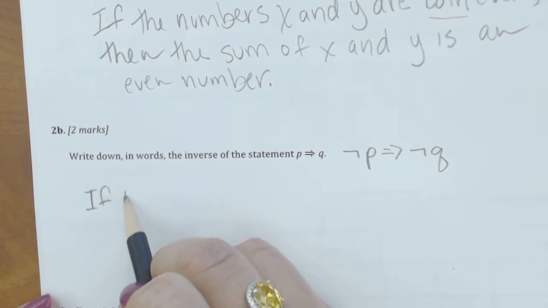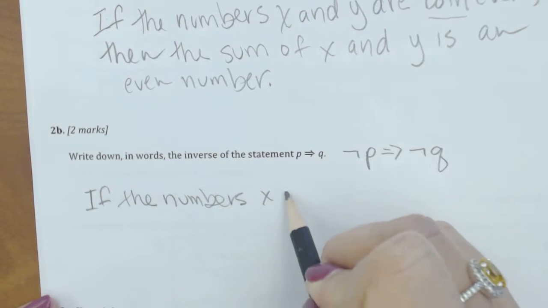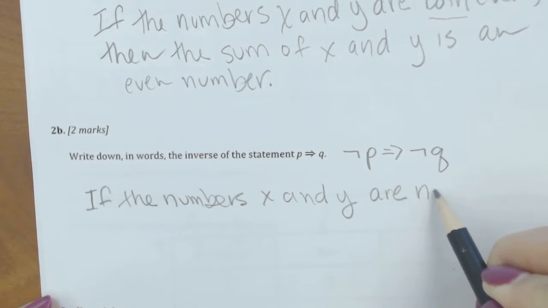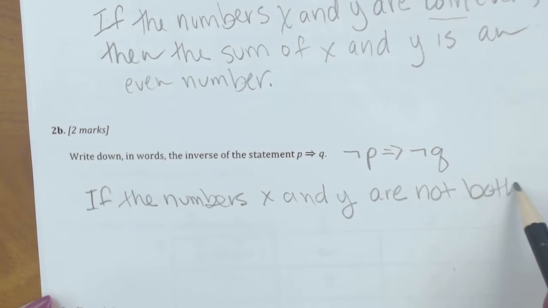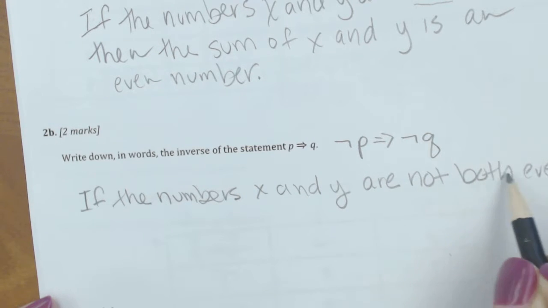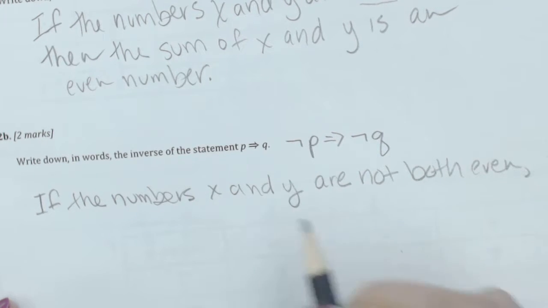So if the numbers X and Y are not both even, and again, you can substitute, if you're not both even, you may put the word odd in for these. You can do that. I will accept that.